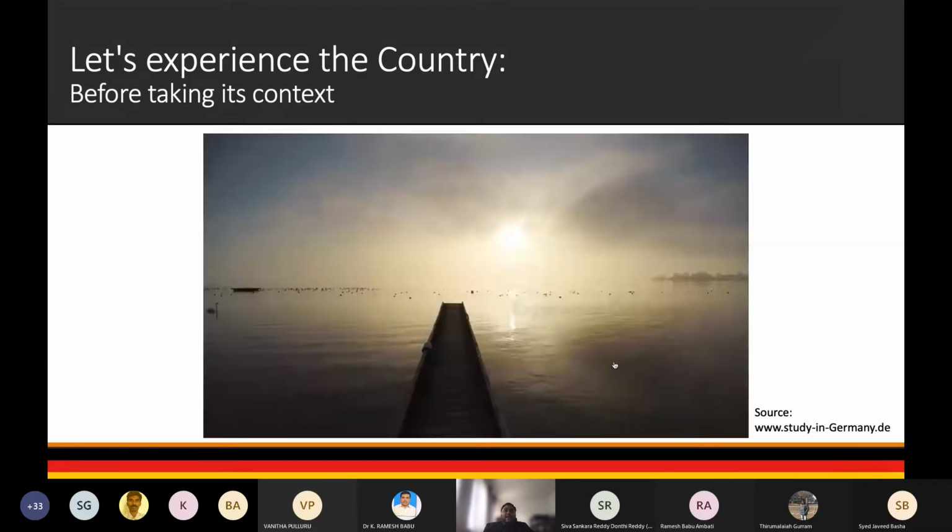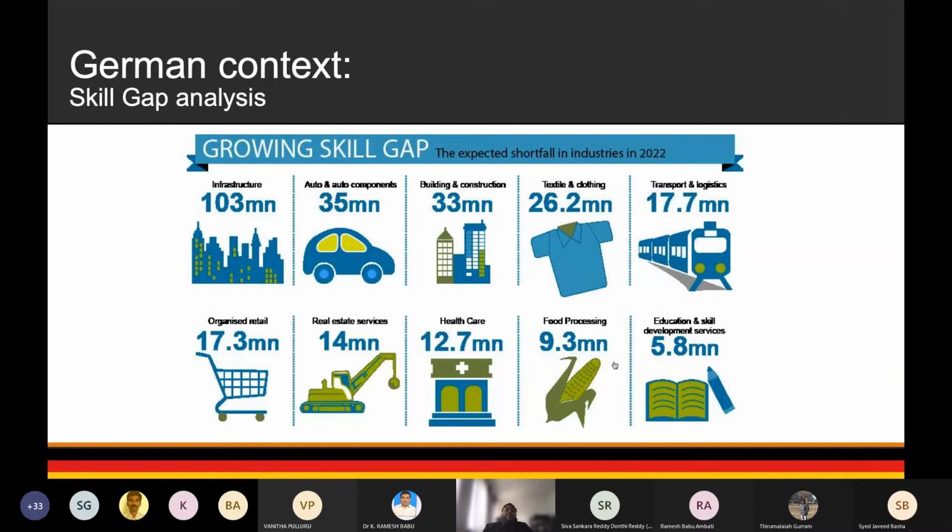Now, coming back to the topic of skill gaps and creating opportunity. This kind of analysis was already done a few years back, when nobody was talking about the corona pandemic or COVID-19.